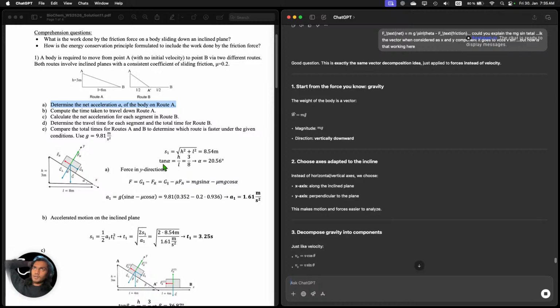I found that tan alpha equals h by L, opposite. So from that, alpha is 20.56. Okay, that is not useful. Do we got tan inverse? Yep, we have tan inverse.